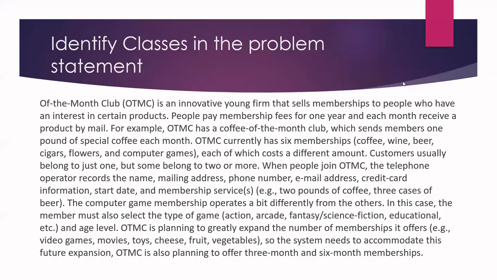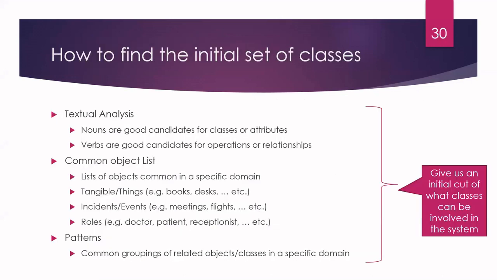Okay, so last time we were working on this example, right? The OTMC example, and we created the activity diagram that describes the example, the high-level activity diagram, and we stopped at the identification of the classes. Now we know there is some heuristic that tells you how to at least recognize some classes.